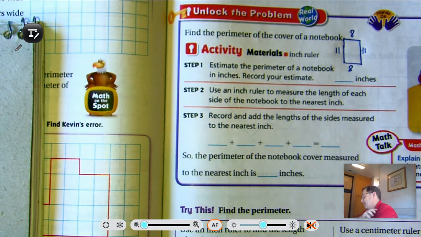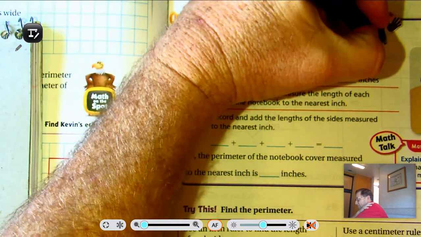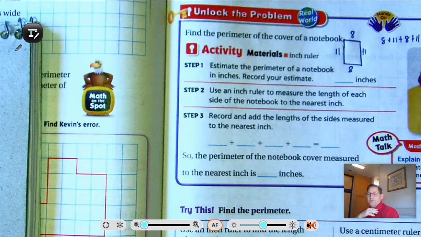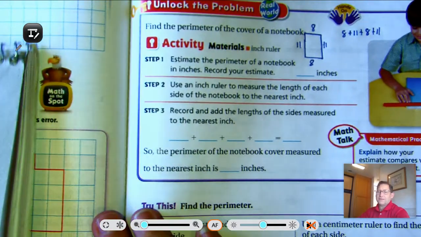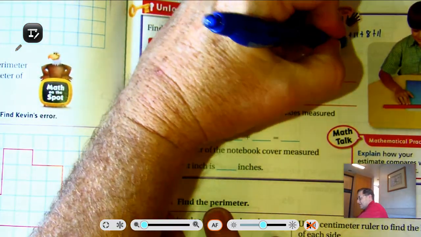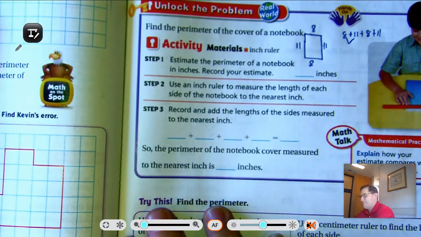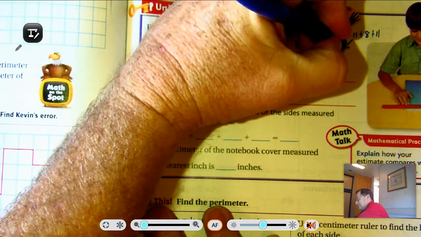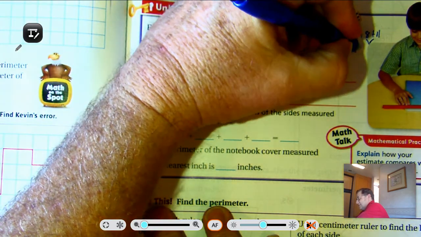We know that if we add up all the sides, we'll get the perimeter. So I'm saying 11 plus 8. 8 plus 1 is 9, right? So 19. And the other 8 plus 11 has to be 19.